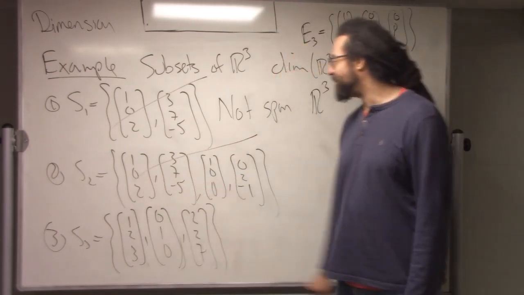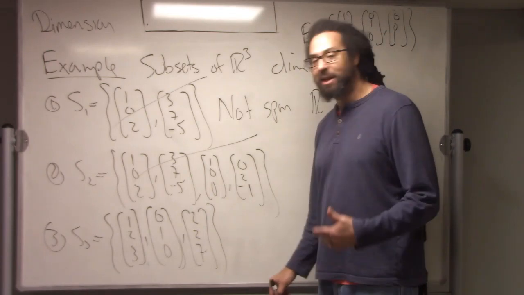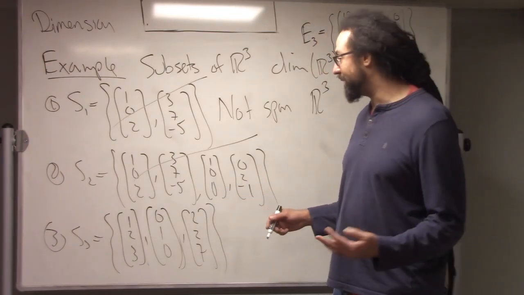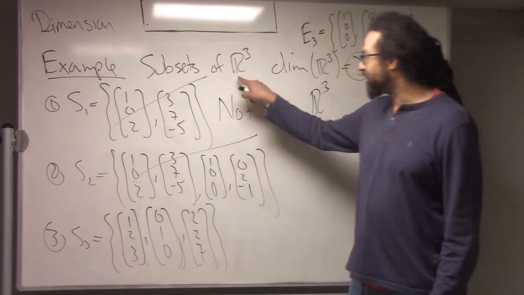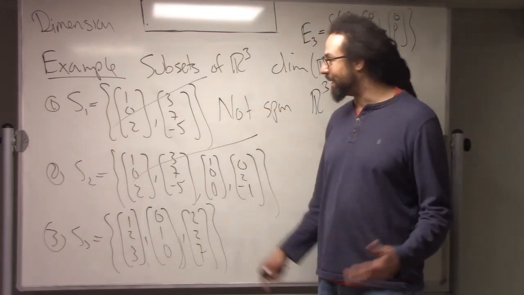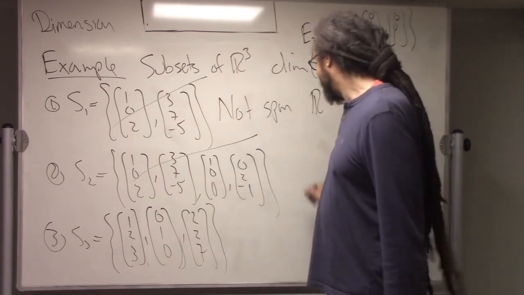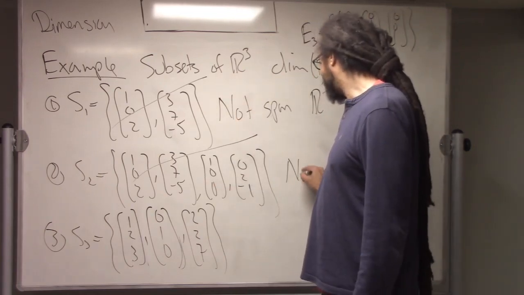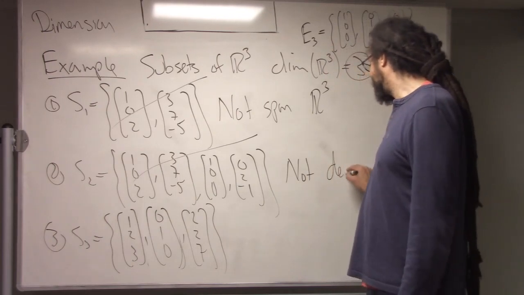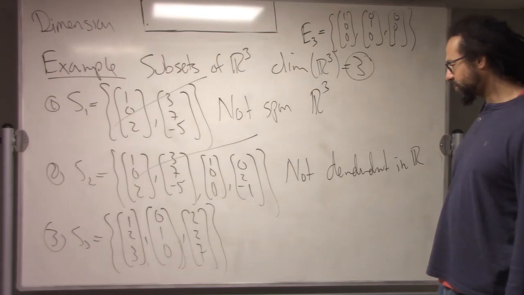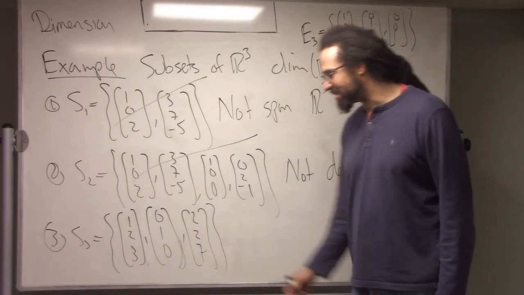This thing cannot be a basis because we know this set cannot be linearly independent, must be linearly dependent. So 4 vectors in R3 must be linearly dependent. 17 vectors in R3 must be linearly dependent. Right, so this thing is not a basis, since it is dependent in R3.